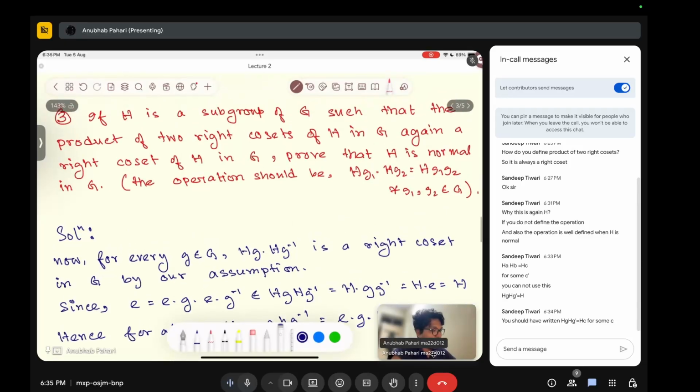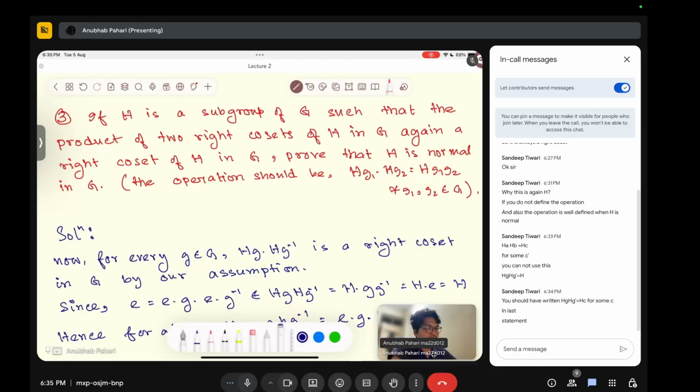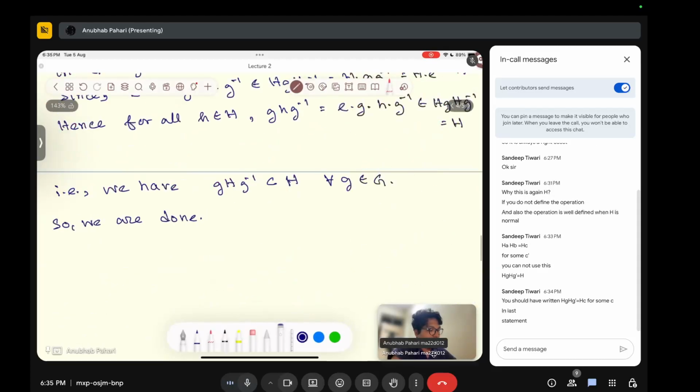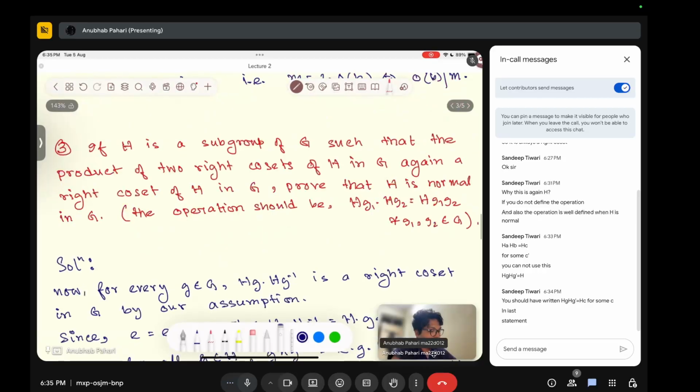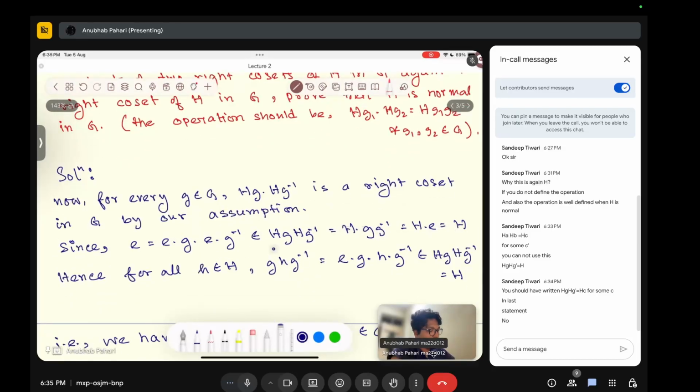What I have written, if you look carefully, Hg1 Hg2 should be Hg1g2, not H, and it cannot be some Hc in the last statement. You mean this? You mean this?